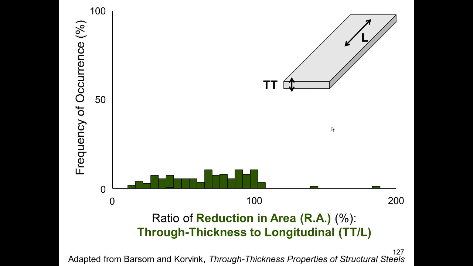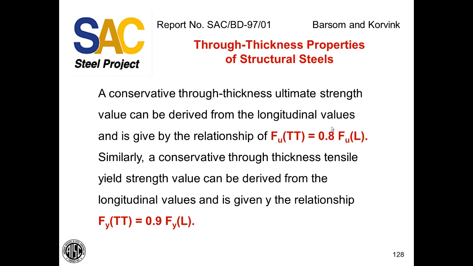Now here are the summaries of these authors as it relates to through thickness properties, starting with the ultimate. And they say that we can plan on, their words, a conservative through thickness ultimate strength value can be derived from longitudinal values given by the relationship 80% of the longitudinal.